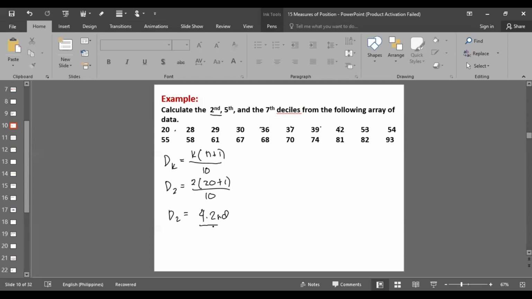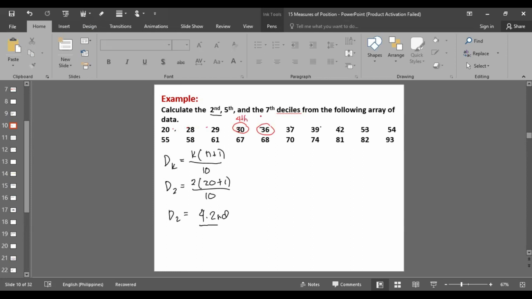Because it's a decimal number, hindi naman siya sumakta ng 4. Lumampas ng konti sa 4. So between the 4th and 5th score yung hinahanap natin na 2nd decile. So we have 1, 2, 3, 4, 30, and 36.